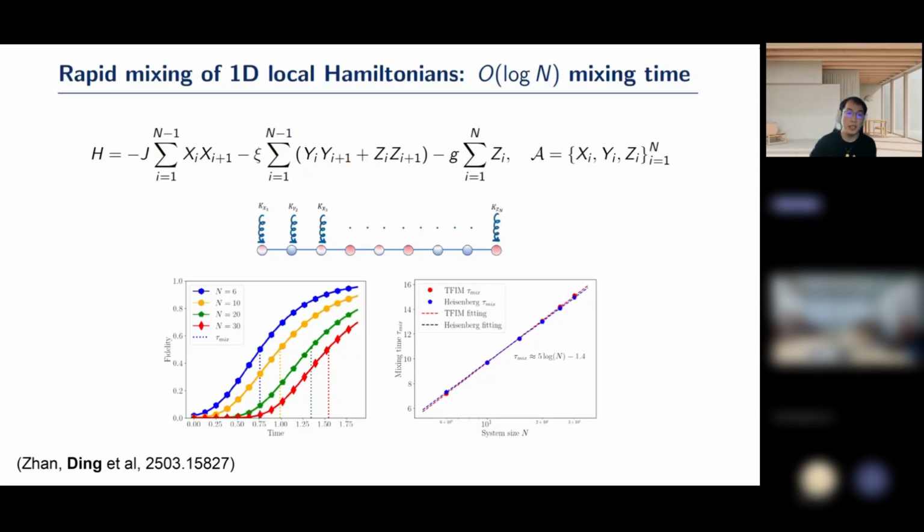In our papers, we show this numerical result for general 1D local Hamiltonians, and in the perturbative regime we can also rigorously prove this rapid mixing time. These are the two mixing time results in our recent paper. There are also other results; if you are interested, you can check the paper.